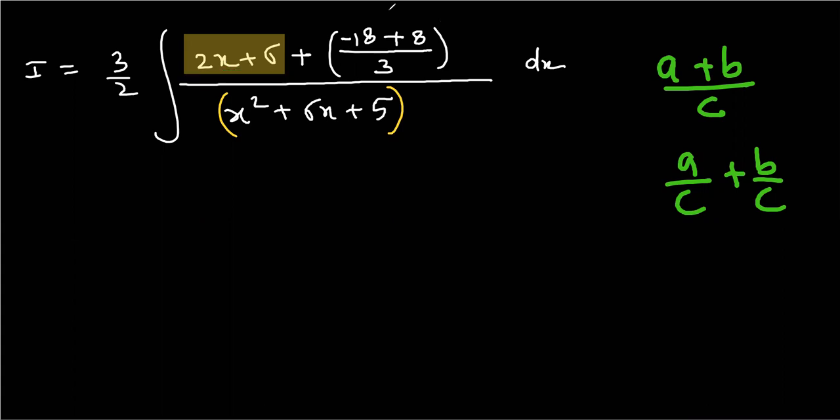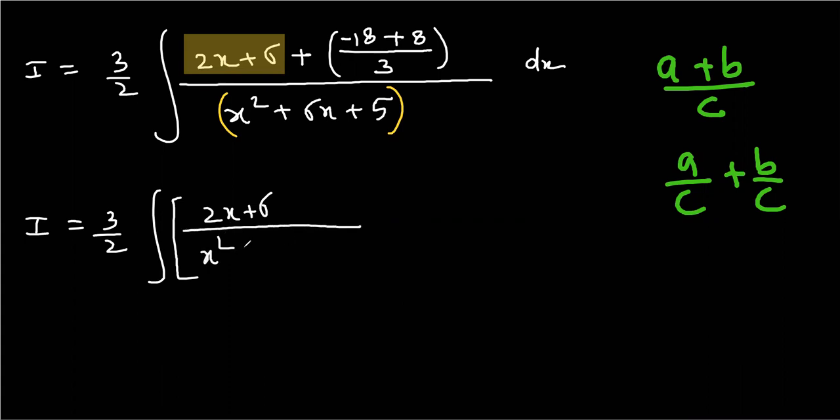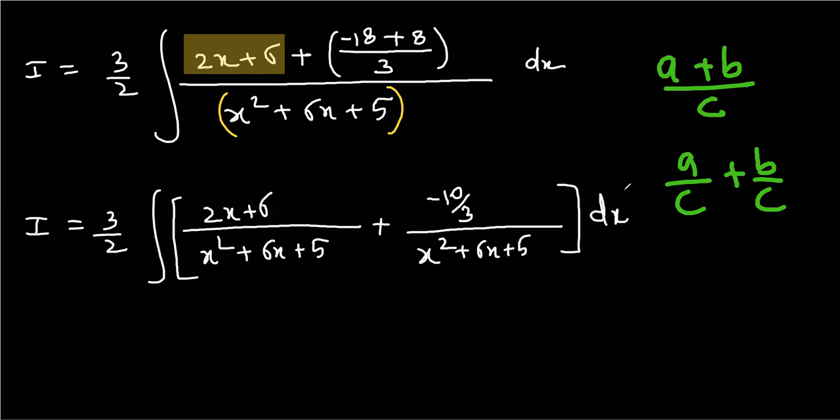Therefore I equals 3 upon 2, and here I have 2x plus 6 upon x square plus 6x plus 5, and this is minus 10 upon 3. Remember, this is plus here, but inside you get minus 10 upon 3, and you divide separately by x square plus 6x plus 5 and dx.